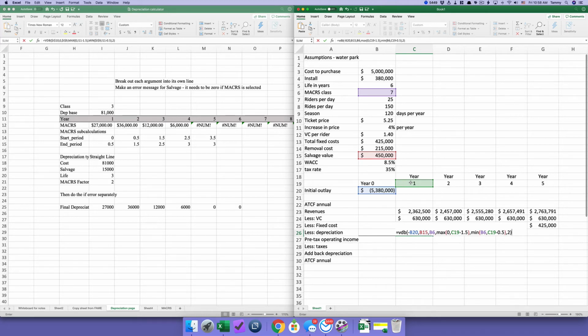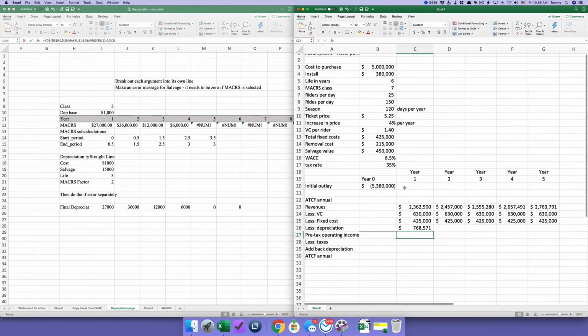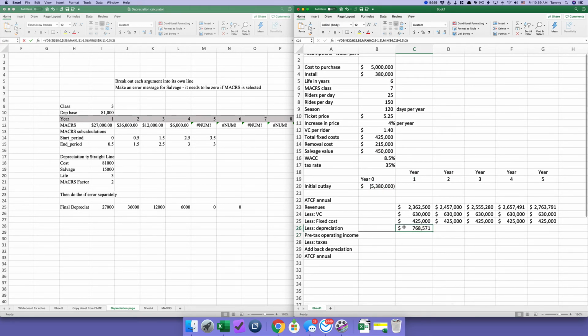I'm going to hit enter and then come back in, and if it's working properly, then I'll put the dollar signs where they belong. Okay, that seems to be working right. Now, which of these variables need to be absolute cell references? Pretty much everything except where we refer to the year.